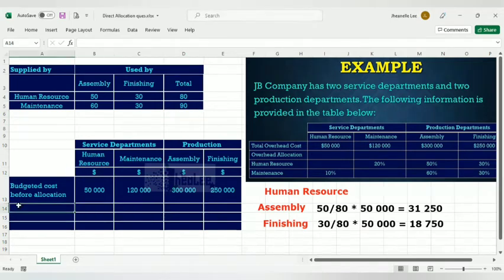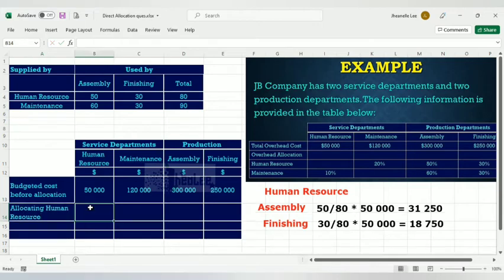Now that we have this information, we can then enter that data in our table. So what we're allocating is the human resource. So let me make a note of that. Allocating human resource. The value that we are allocating is all the costs from that. So we're going to show that the human resource decreases by $50,000, and nothing will be entered in the maintenance cell right there because we're not apportioning anything to the service department.